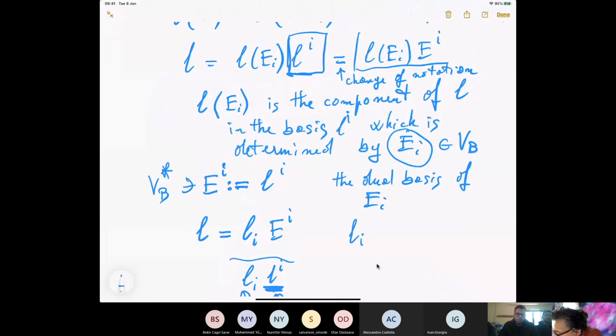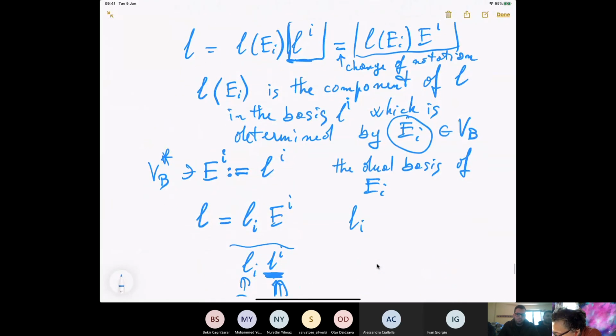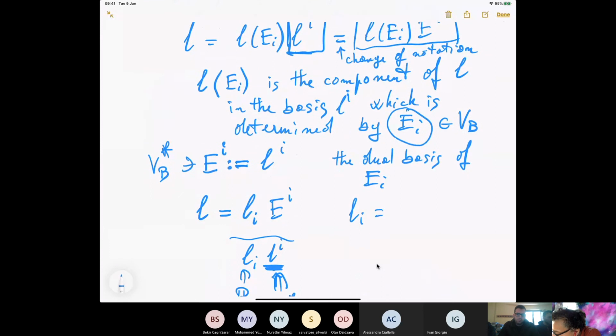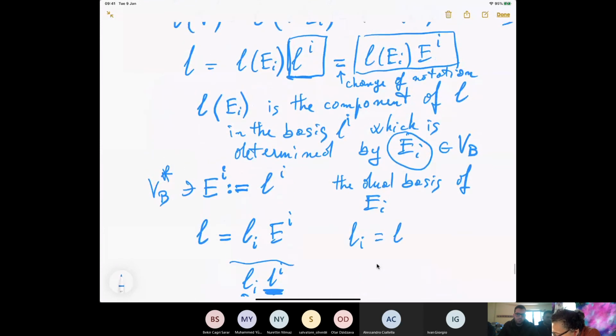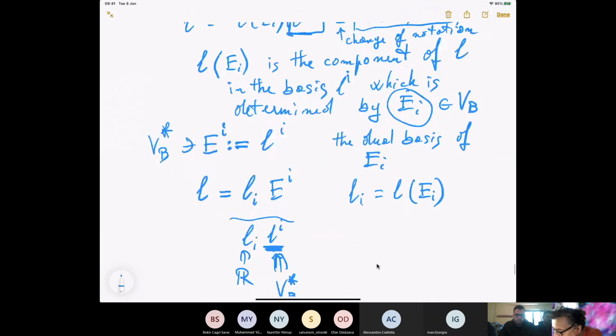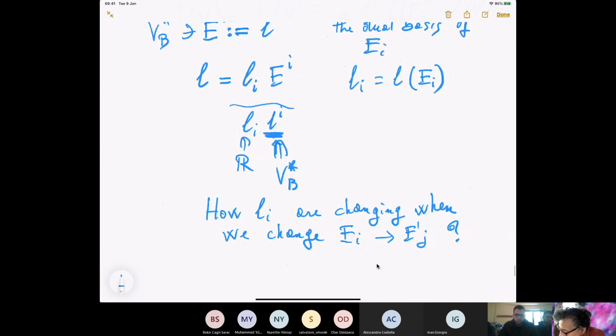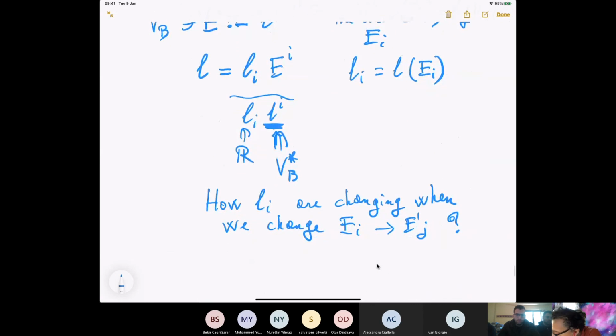Because of this formula, L_i is equal to L applied to e_i. So the formula of change is very easy. So what we do, we write L_j' equal L(e_j').